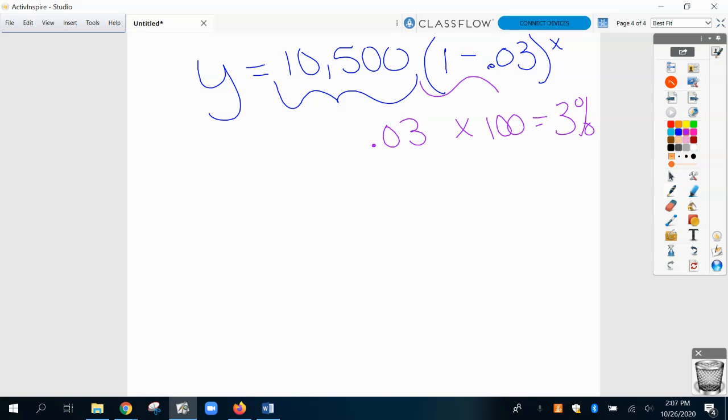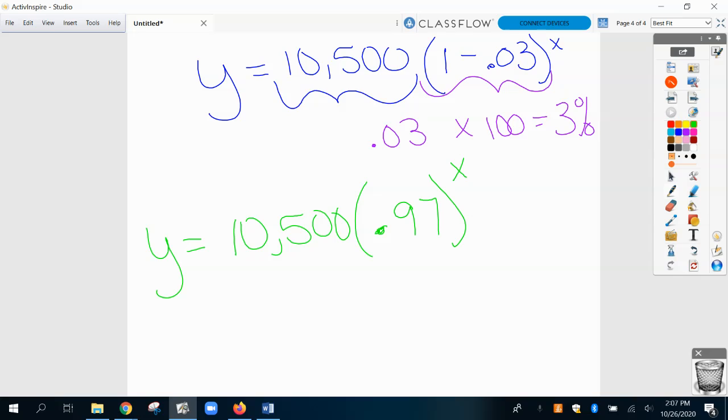Okay, but if we were to actually combine that 1 and that 0.03, this equation would say y equals 10,500 times, in parentheses, 0.97 all to the x. Okay, so here we have to recognize that 0.97 is smaller than 1.